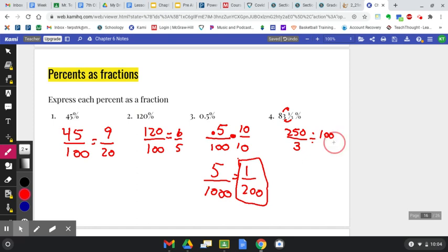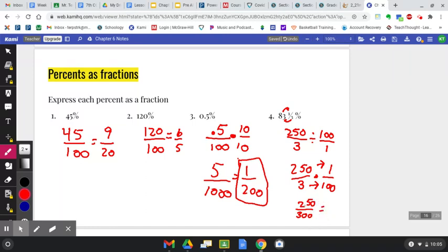The reason I did that is so we can remember how we did our basic skills with fractions. If I'm dividing by a fraction, dividing by 100 over 1, it's the same as multiplying by the reciprocal. This is the same thing as dividing by 100. It's multiplying by 1 over 100. So we get 250 over, because we multiply straight across, 300.